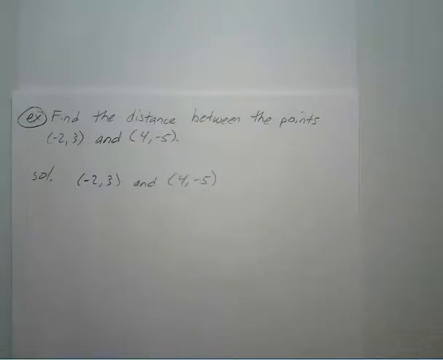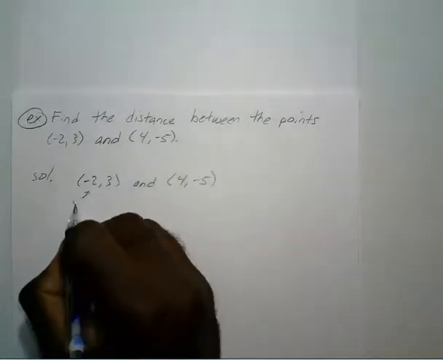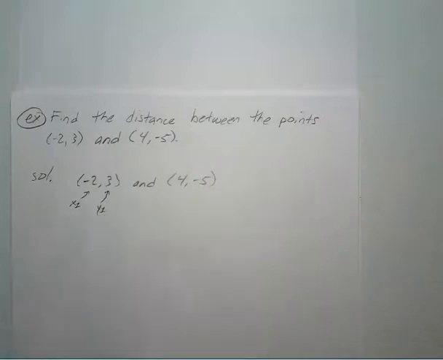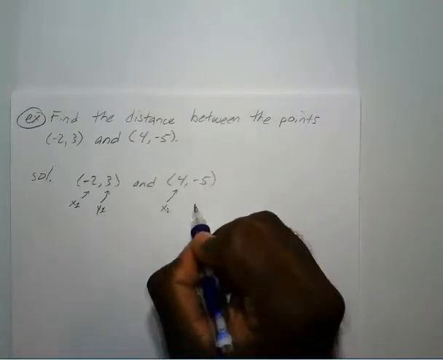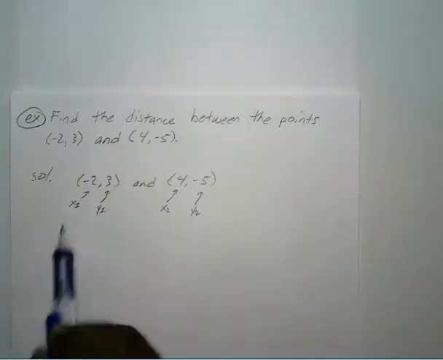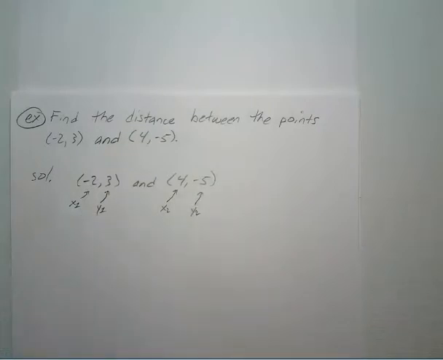It doesn't matter which one you use, but you can make this your x1 and this your y1. You can make this your x2 and this one your y2. If you wanted, you could have made this one x2, y2 and this one x1, y1. You would get the exact same answer, so there's no wrong choice.